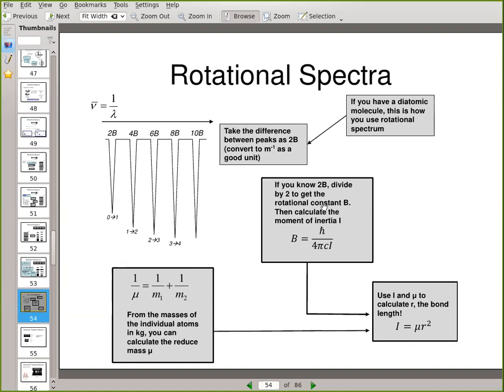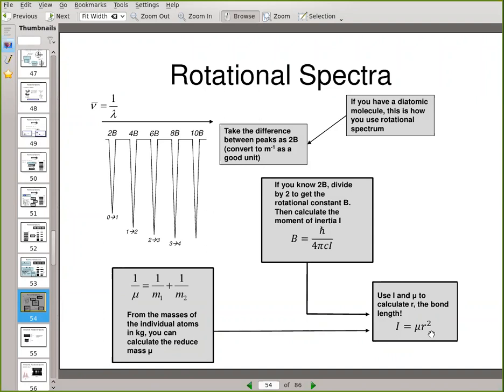So if we know what the moment of inertia is from the rotational spectrum, and we know the reduced mass, can you see what we can find in here? We can calculate the bond length. Okay, so this is a workflow that we can work through to find the bond length.